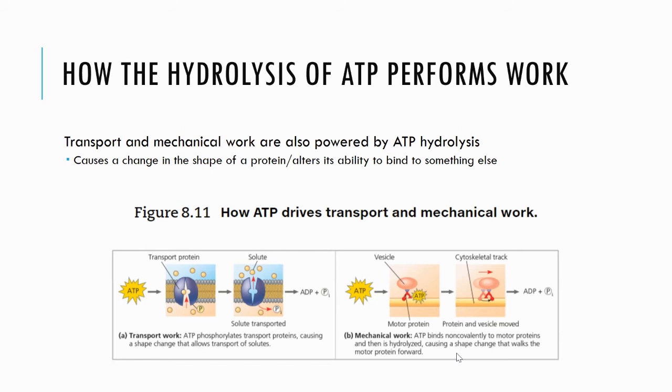Or with mechanical work, an example would be ATP binding to motor proteins that are hydrolyzed, which causes a shape change, and then it moves the motor protein on. Those are 2 examples of ATP hydrolysis for transport and mechanical work.